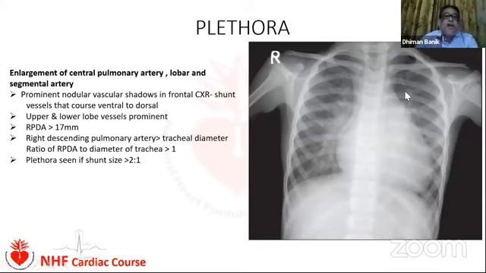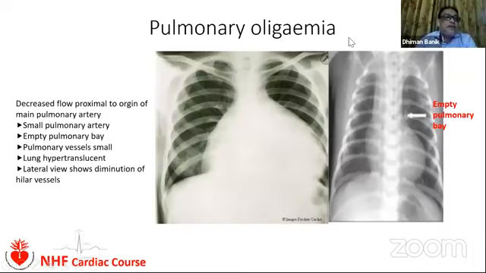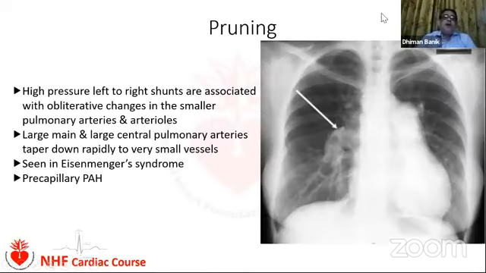Pulmonary oligemia is said to be when there is decreased proximal or origin of the main pulmonary artery. This is due to a small pulmonary artery or empty pulmonary bay, as seen in mitral stenosis, or the pulmonary vessels are small and the lung fields are hypertranslucent in case of oligemic lung field.